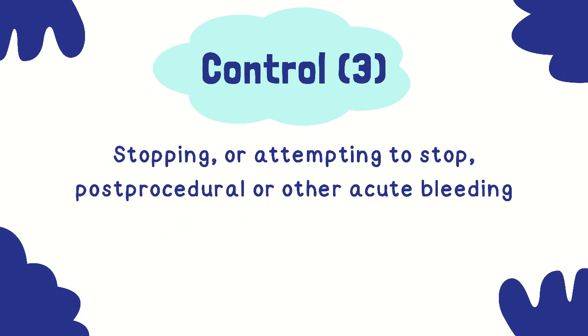And now we're going on to control. This is character value number 3, stopping or attempting to stop post procedural or other acute bleeding. So this is represented by character value number 3.